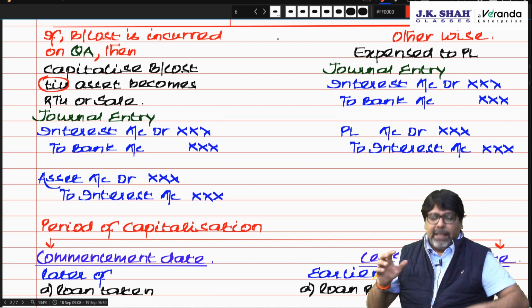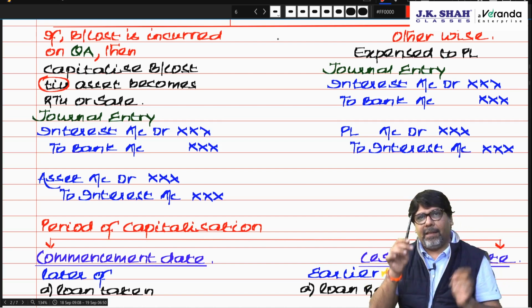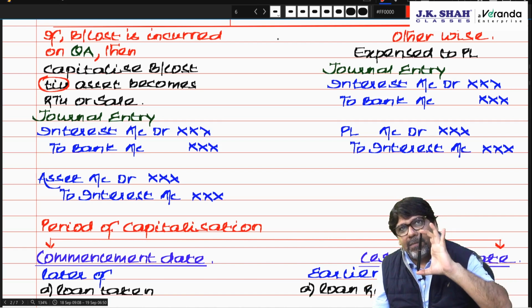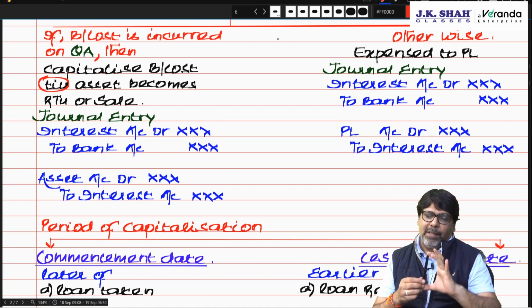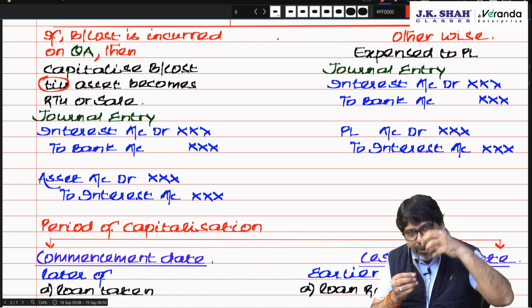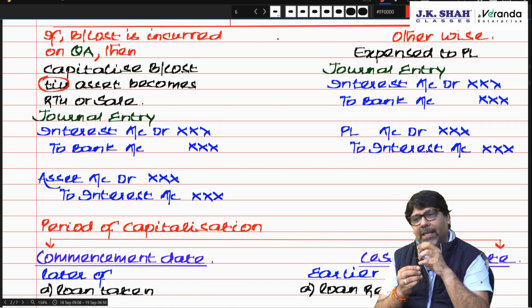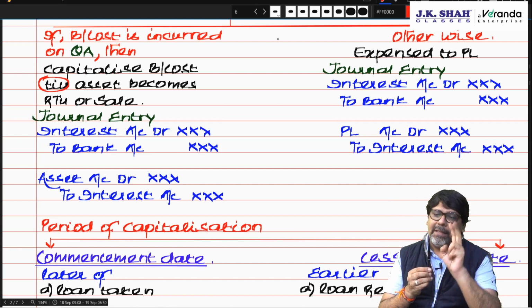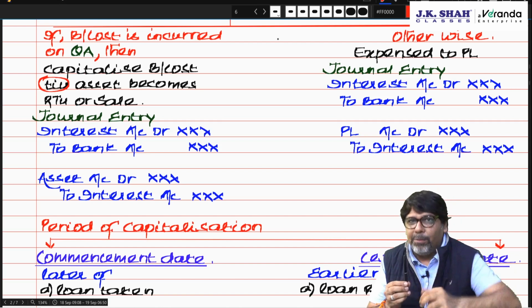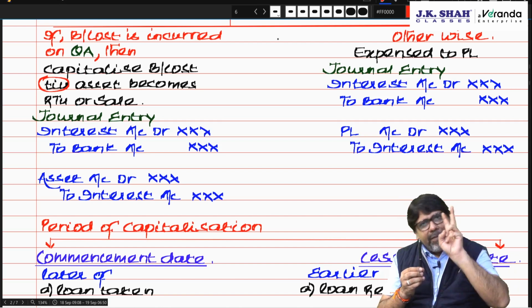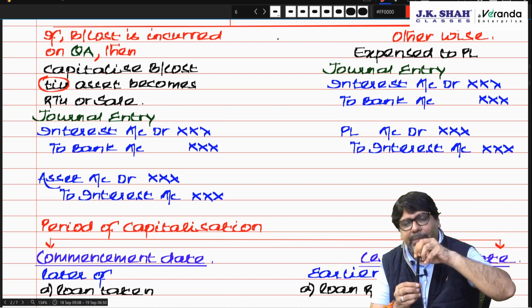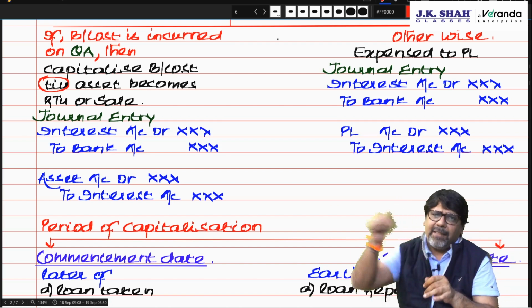Correct? Suppose I am constructing this asset. This asset takes 2 years to construct. And I have taken loan to construct this asset. This asset will be in ready to use condition after 2 years. That means this asset will be able to generate revenue for me after 2 years. Correct, sir. I will generate revenue from this asset either by use or by sale.